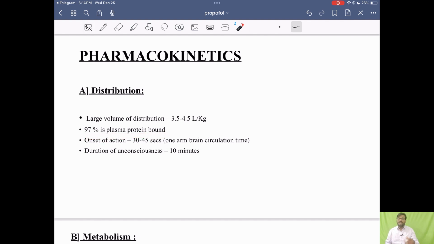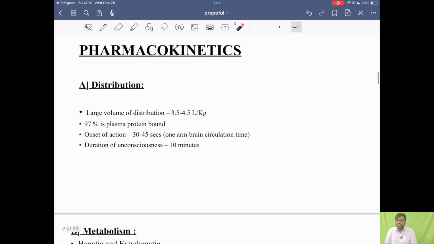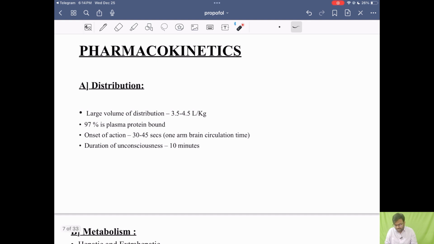The onset is very fast, approximately 30 to 45 seconds. We give propofol, and within one arm-brain circulation time, we can see the onset of the drug action. The duration of unconsciousness is about 10 minutes. So this is how propofol distribution occurs in our body.